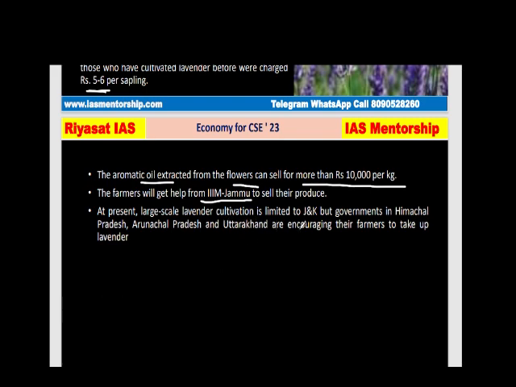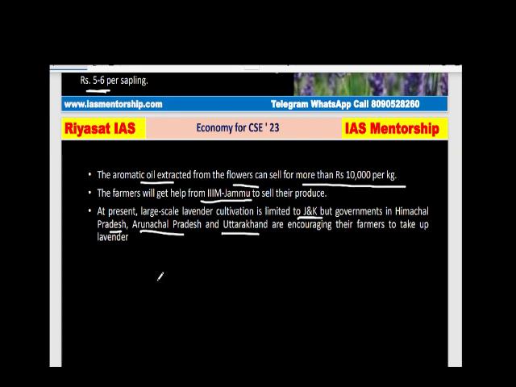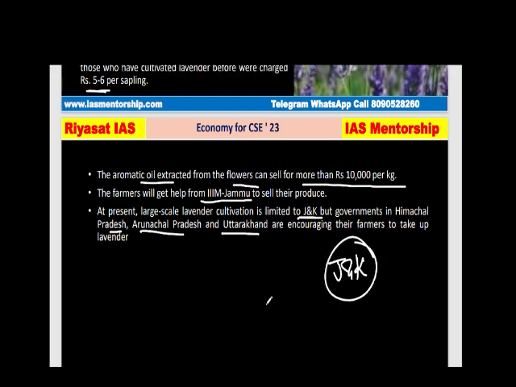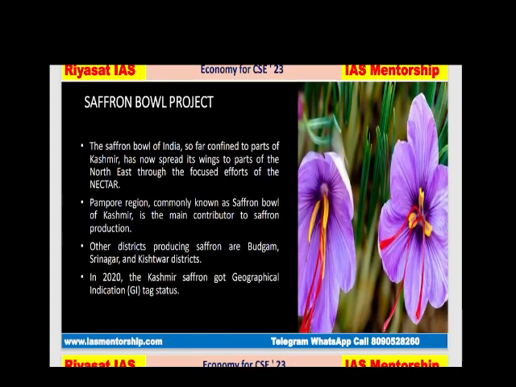Clear? But you also need to know that large scale lavender cultivation is just limited to Jammu Kashmir. However, governments from various states such as Himachal Pradesh, Arunachal Pradesh, Uttarakhand are also trying to increase their production. Clear? Remember Jammu Kashmir. This revolution has a very large scale base in Jammu Kashmir.